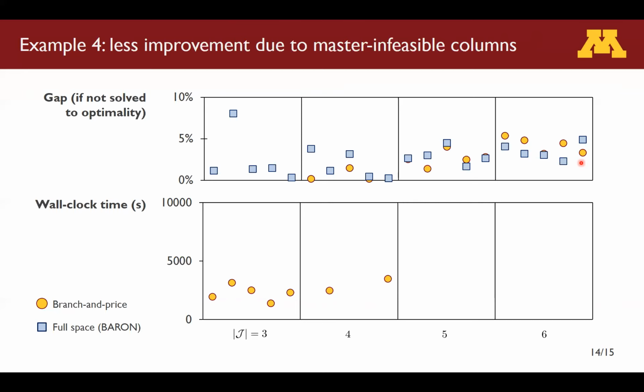So often in this case, we'll price out columns that are feasible for one scenario, but not feasible for all scenarios. And this is more likely in the cases when the number of stages is larger. So that's why we see that it doesn't perform as well in those cases. So this would be one example where it's not as performant.